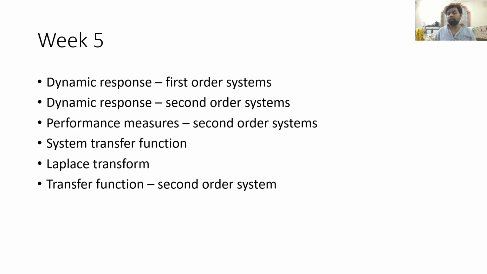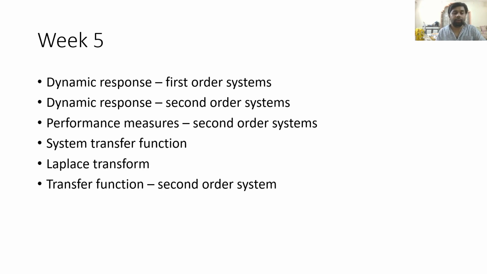So these performance measures were rise time, settling time, then the overshoot, which basically measures how fast the system responds, and how stable the system is. So all these performance measures are the measures of these kinds of criteria.